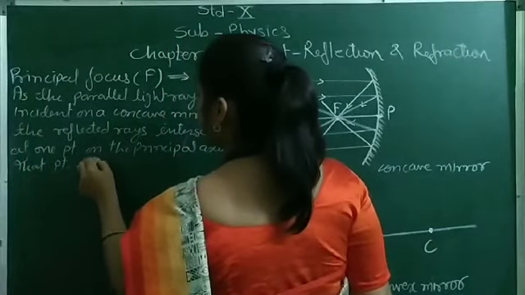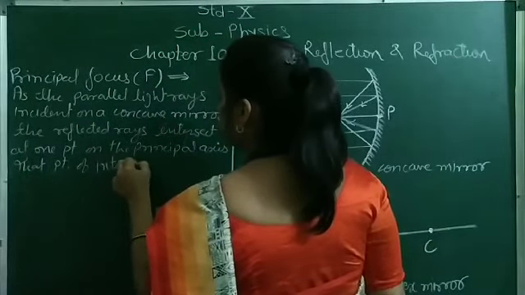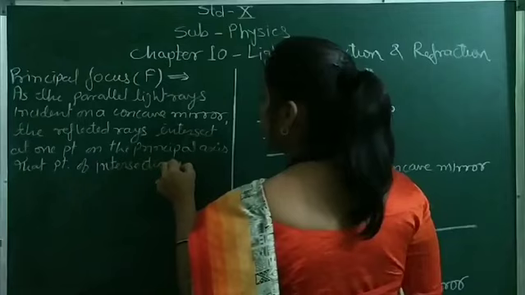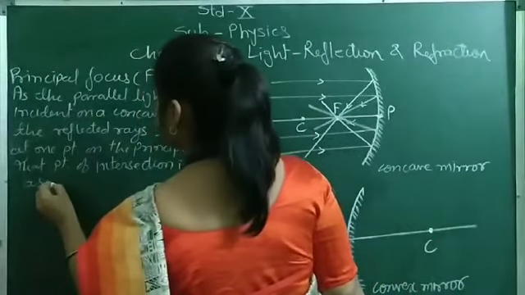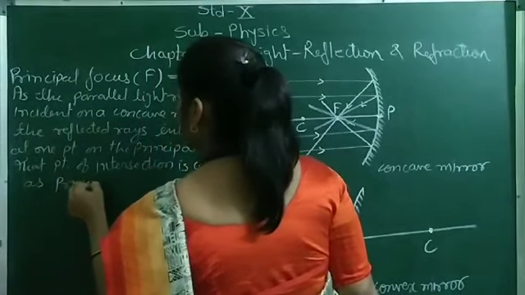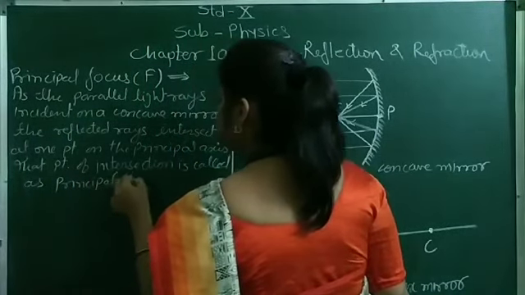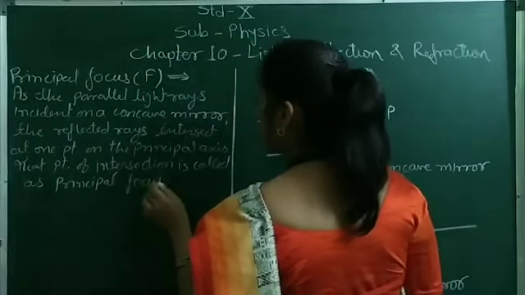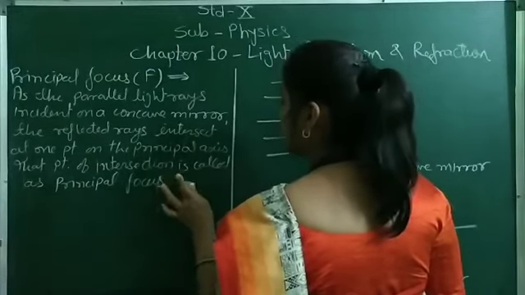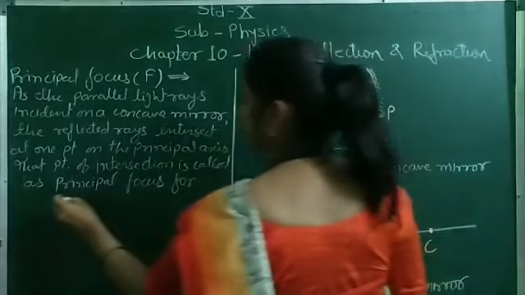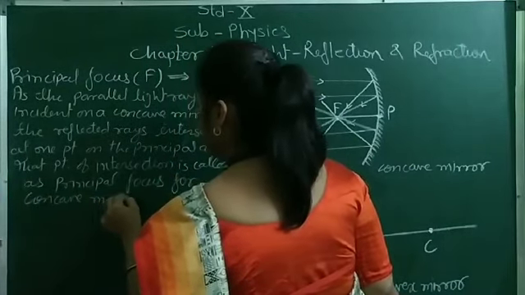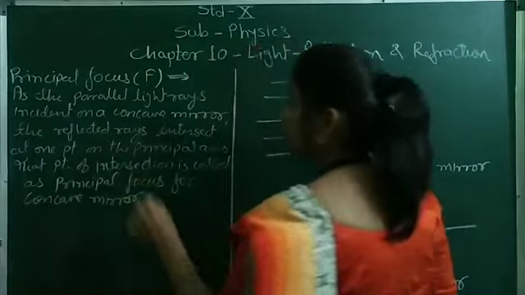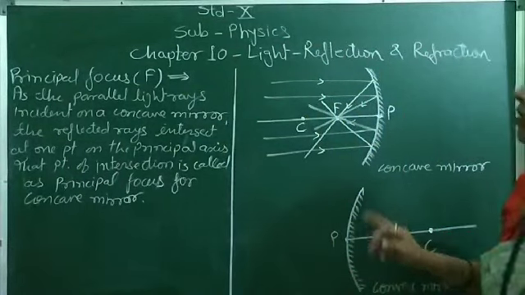That point of intersection is called the principal focus for the concave mirror. This is called the principal focus for the concave mirror.